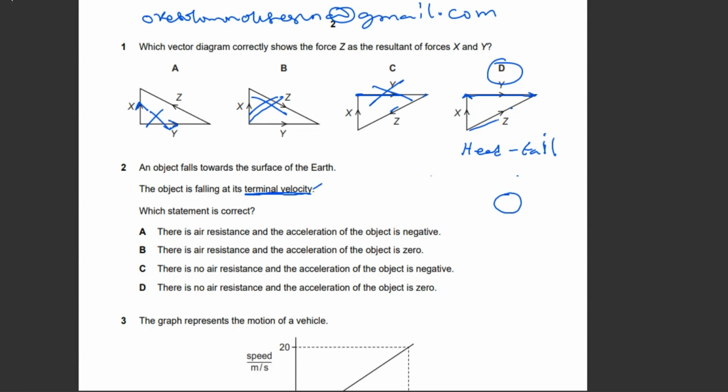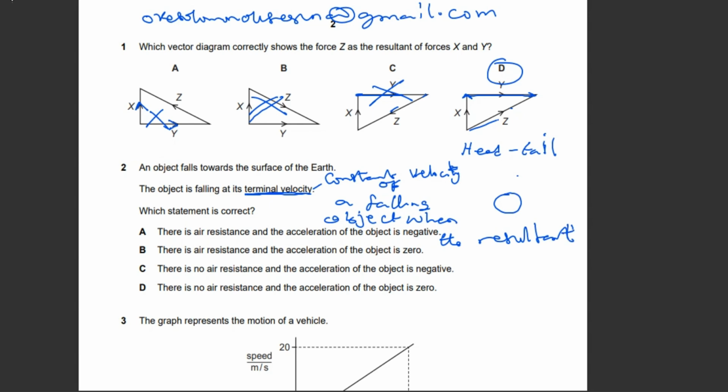Terminal velocity is that constant velocity of a falling object when the resultant force on the object is 0.